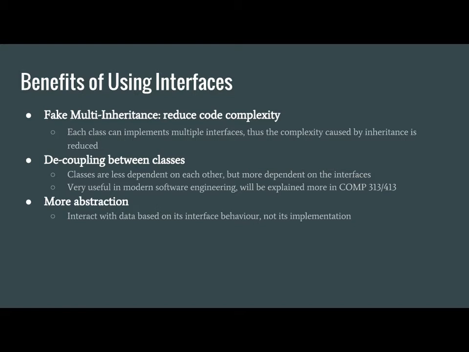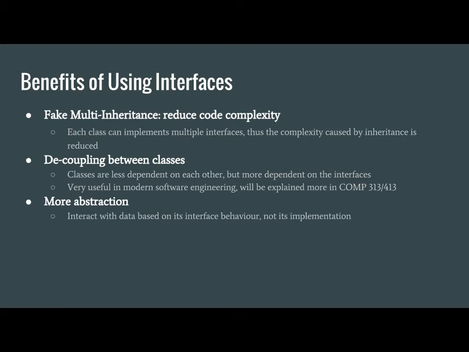Usually in software engineering, we don't want 2 classes bound too closely. Therefore, we add an interface between them so that they are only dependent on the interface instead of depending on classes directly. This concept will be explained more in the Comp 313 413 class, which is the intermediate object-oriented programming.